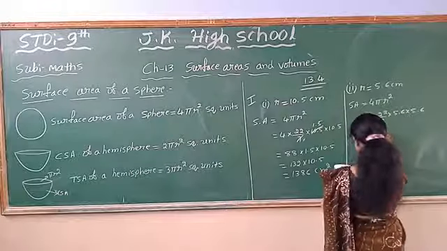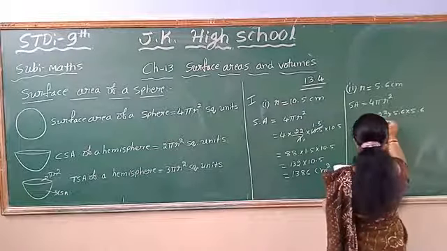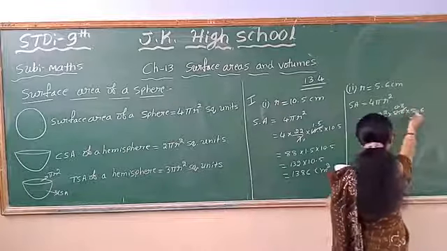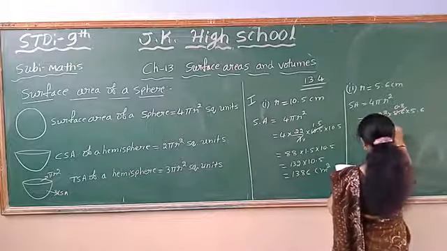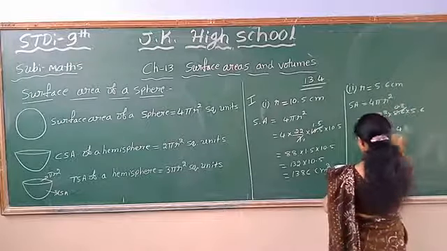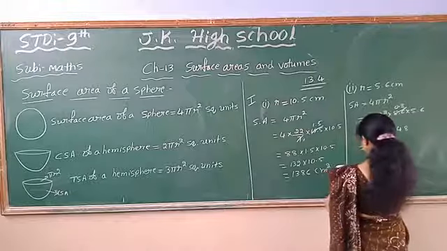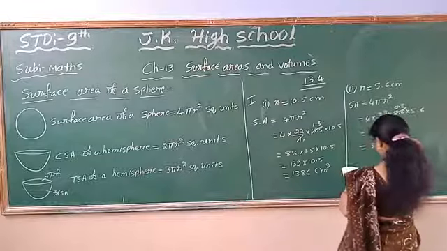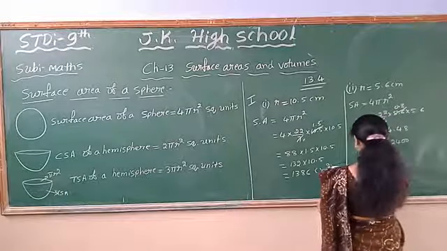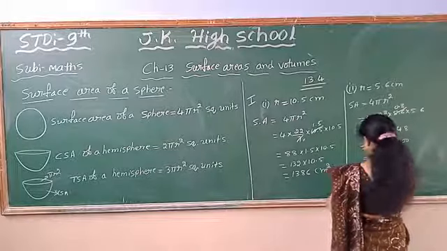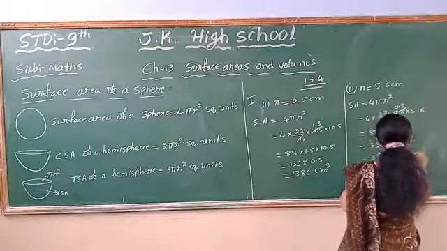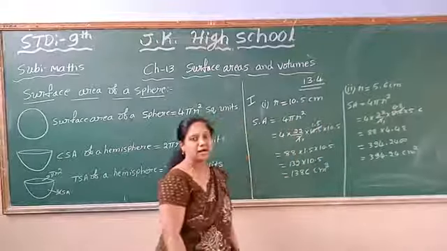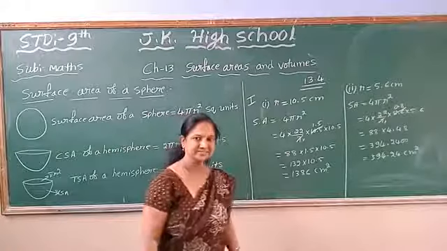Multiply here: 7 ones are 7, and the 7s get cancelled. Multiplying these, after multiplication it becomes 394.2400. After approximation, you can write it as 394.24 centimeter square. This is the way of finding the surface area when you know the r value. So write it down, children.